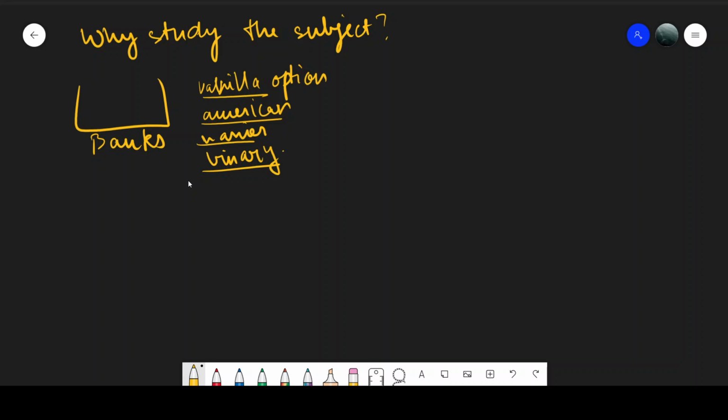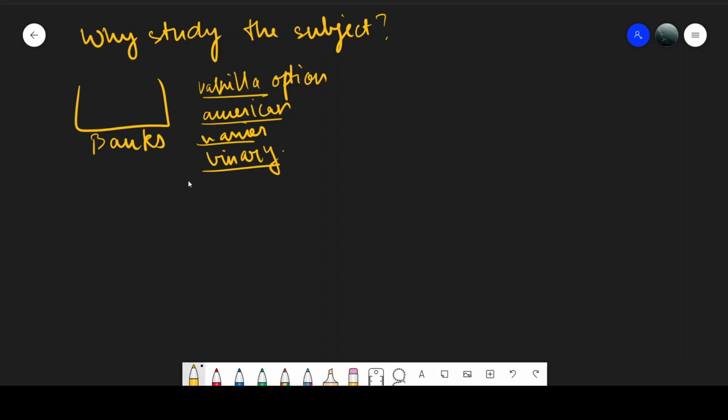If I'm a bank, how do I decide what price to sell it at, so that in a very ideal scenario, this option is neither favorable to me, nor is the expected result of this option favorable to the seller, the buyer or the seller.